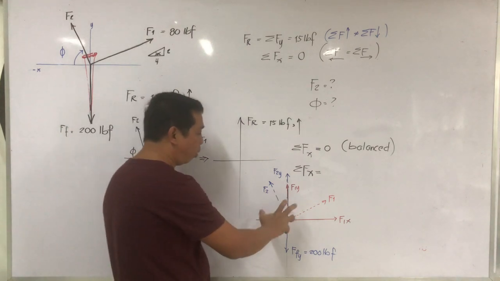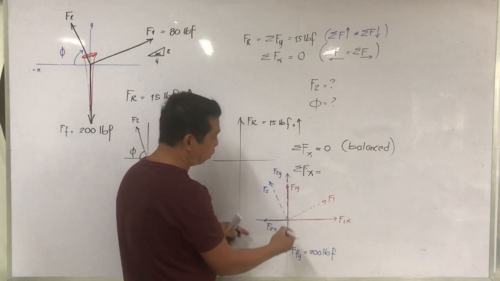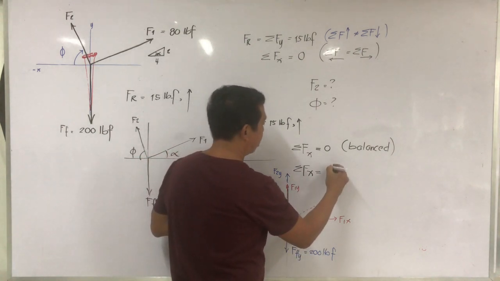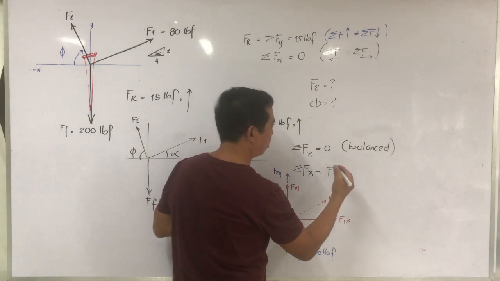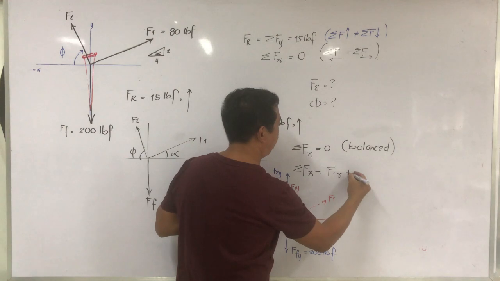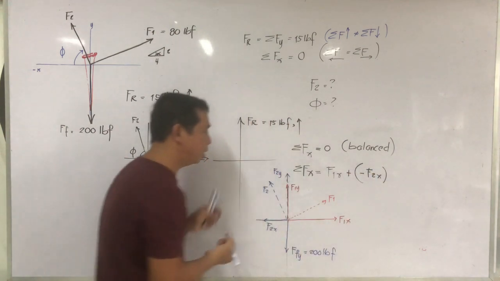Now, dahil dito, may dalawang forces sa x, masasabi natin na ang summation ng forces sa x equivalent sa F1x plus negative F2x.